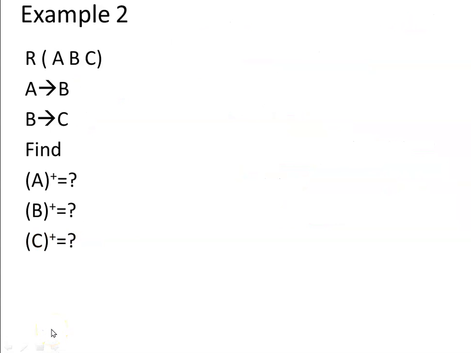Now I am taking the same example once again, and I am trying to find the closure on A, closure on B and closure on C. I consider the FD alpha determines beta. So what is the closure on A? The closure on A is A. It is basically trivial: when you have A, you have A with you.